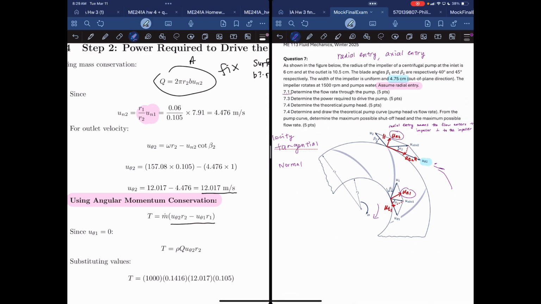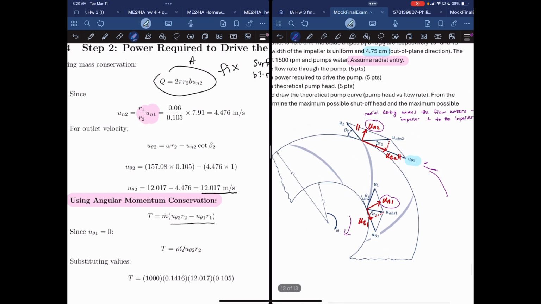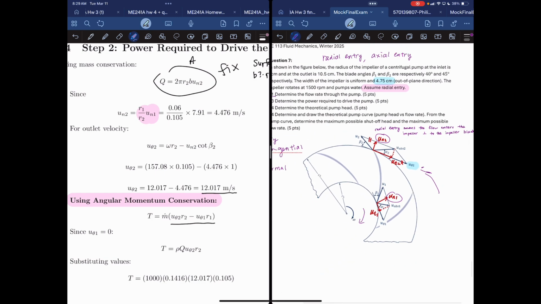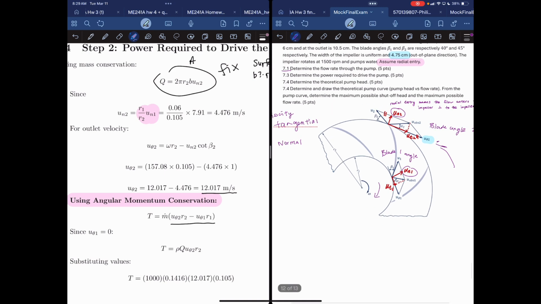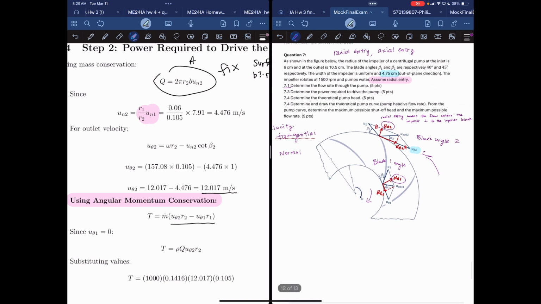Let's see, beta 1, beta 2. Okay, so this is the blade 1 angle, and this is the second. Over here. Okay.